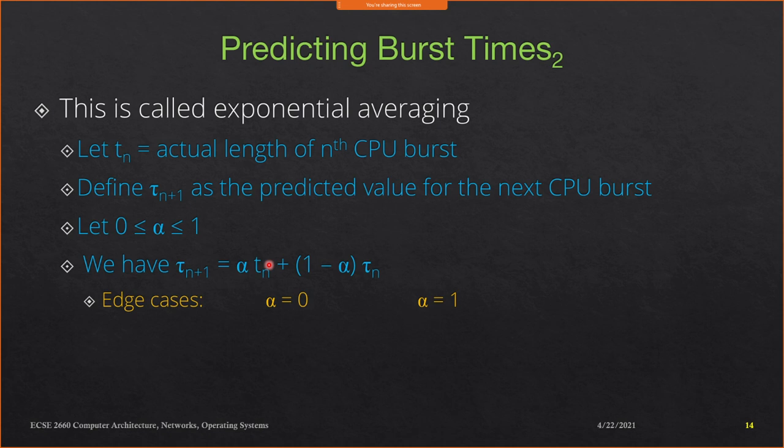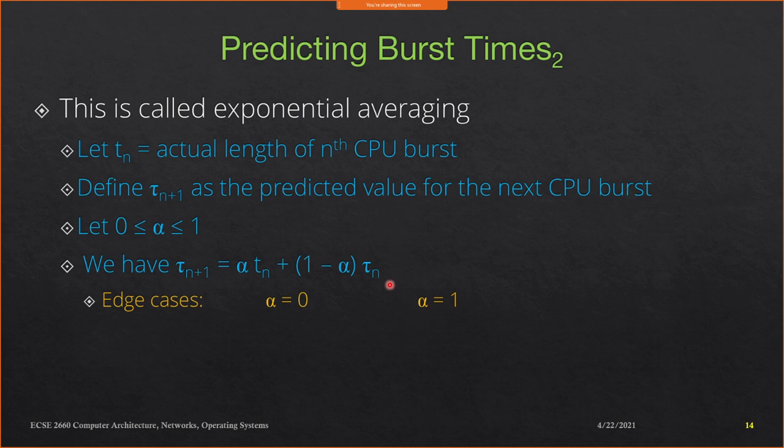If alpha becomes 0, this term goes out. And if it goes out, then we are essentially saying that we will predict based on the previously predicted value. The predictions are based on predictions in that case. If alpha is 1, then the prediction is based solely on the measured data, actual data.